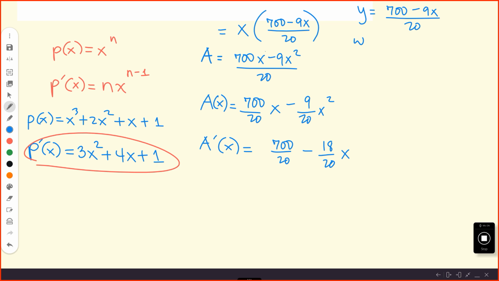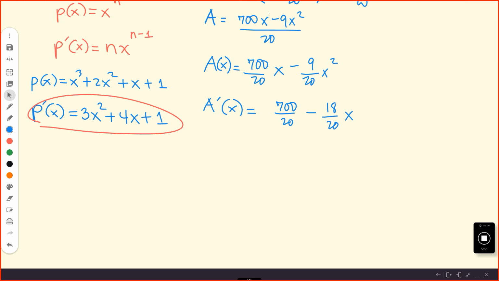Is that it? Yes, and then we're going to solve, because we're going to find the length and the width. So I can write this as 700 over 20 minus 18 over 20 x equals 0. And so we can solve for x, which is the horizontal length. Where'd you get the 18? I took the 18 from the example I showed here. You just have to multiply the exponent by the given coefficient.